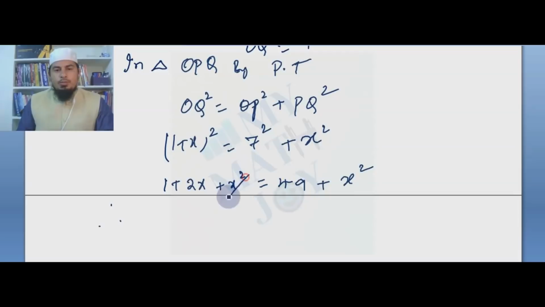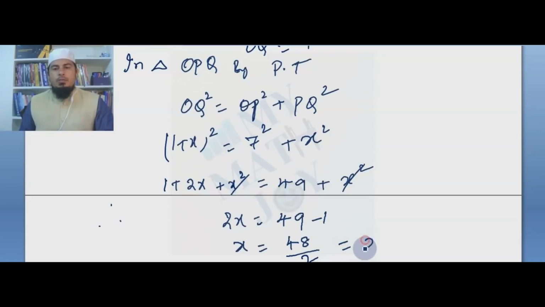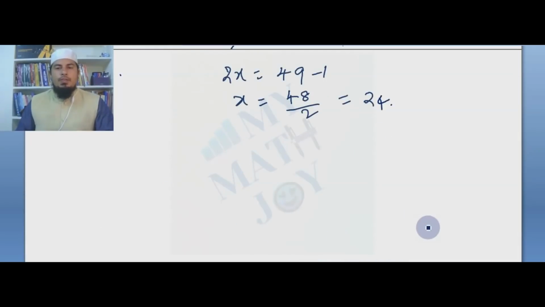Now 2x is equal to 49 minus 1, X is equal to 48 by 2, I get 24. I got X value as 24.